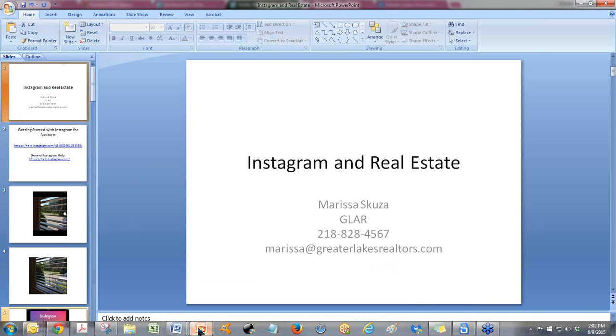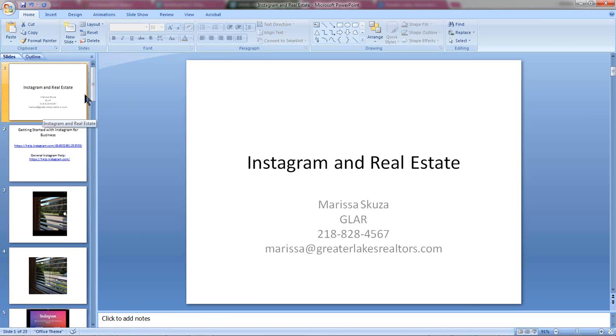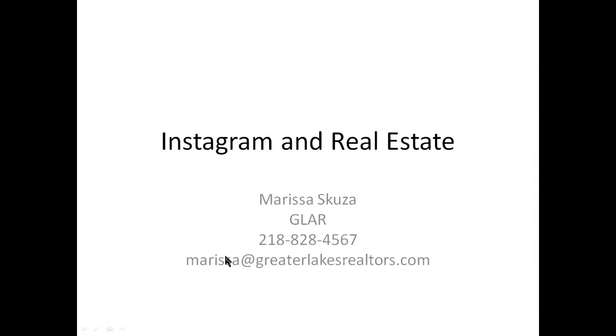Now keep in mind that Instagram, when you're posting photos on there, they're square photos, so you have to make sure that you have it in the right format. And I'll show you how to do that on your phone as well, or your tablet.